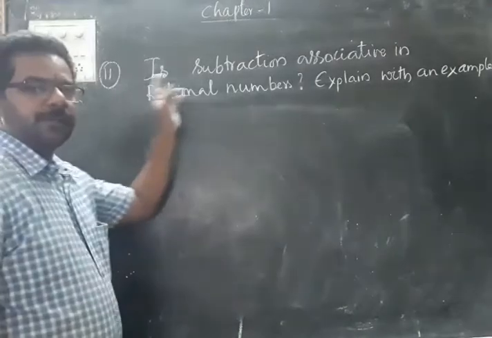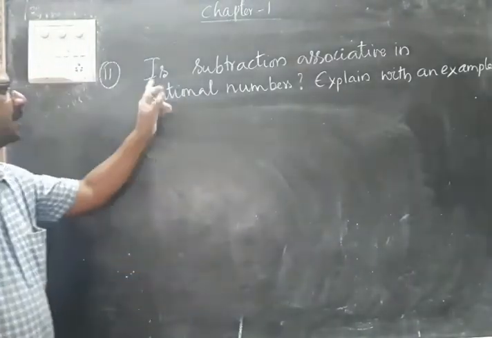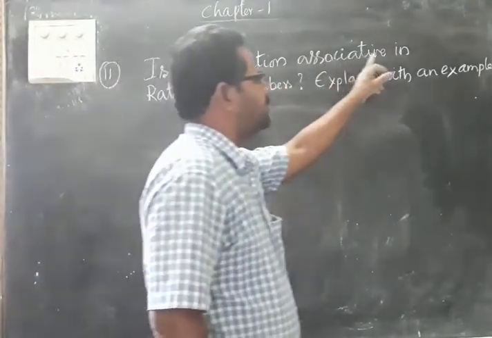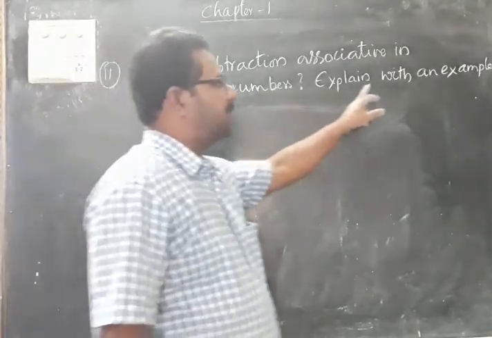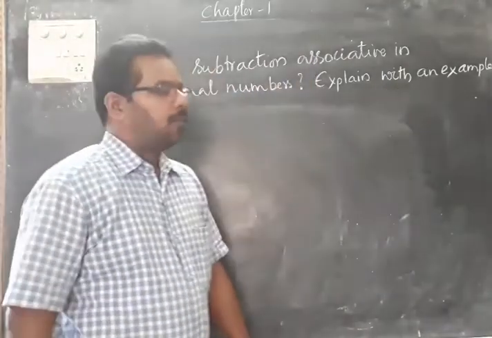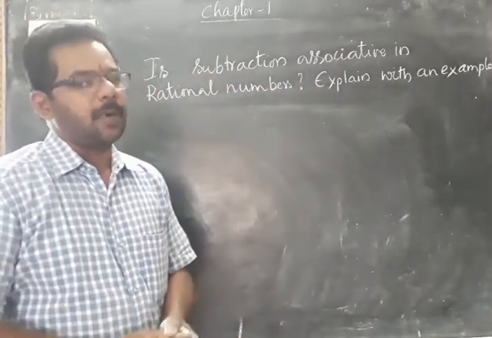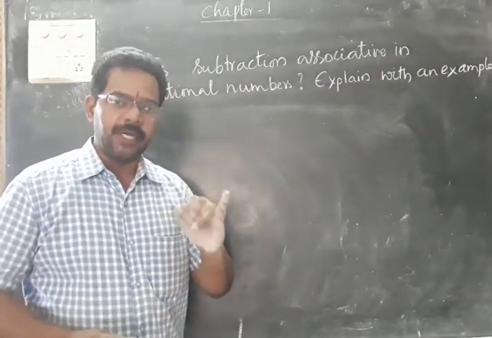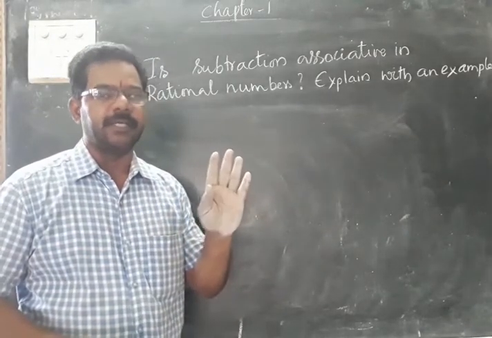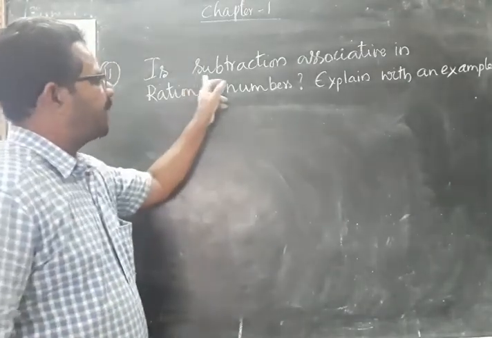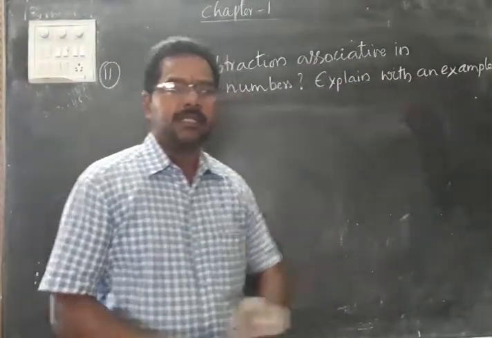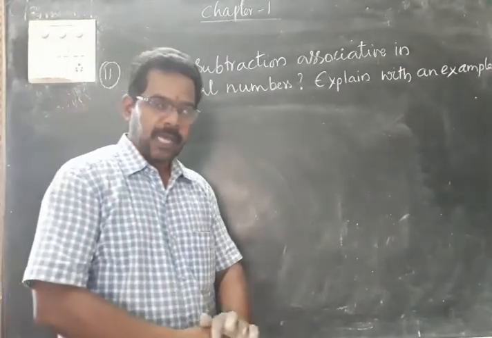Let's see the next question, the 11th question. They have given, is subtraction associative in rational numbers? Explain with an example. We already checked all the properties of rational numbers in addition, subtraction, multiplication, division. All the four operations we checked. But in subtraction, we are not getting the associative property following in rational numbers.